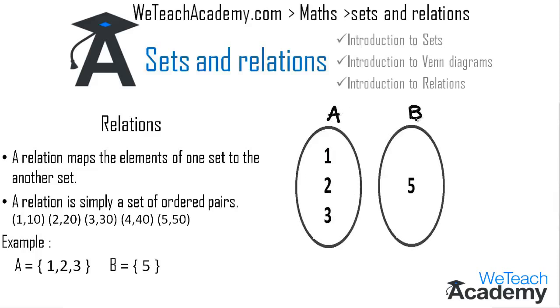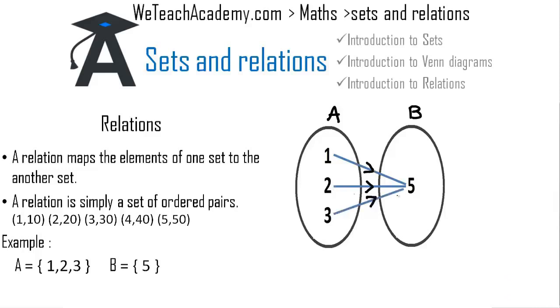Now let us map the first element of A with the element of B, and similarly we can map the other elements with the element of B. So we can map 2 with 5, and similarly 3 with 5. And we get the ordered pairs (1, 5), (2, 5) and (3, 5).